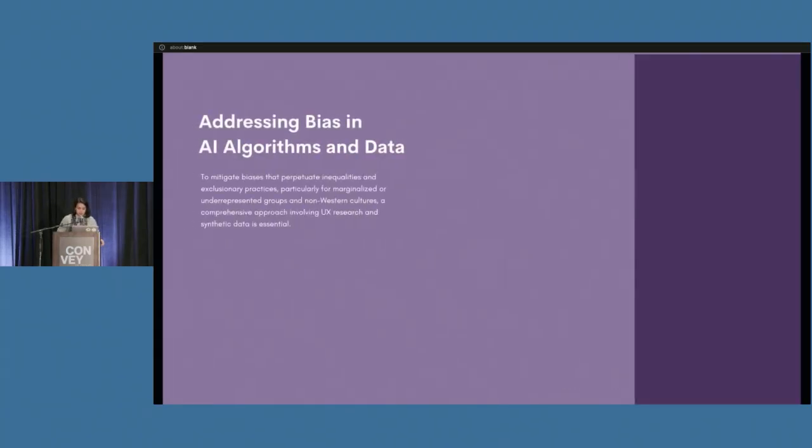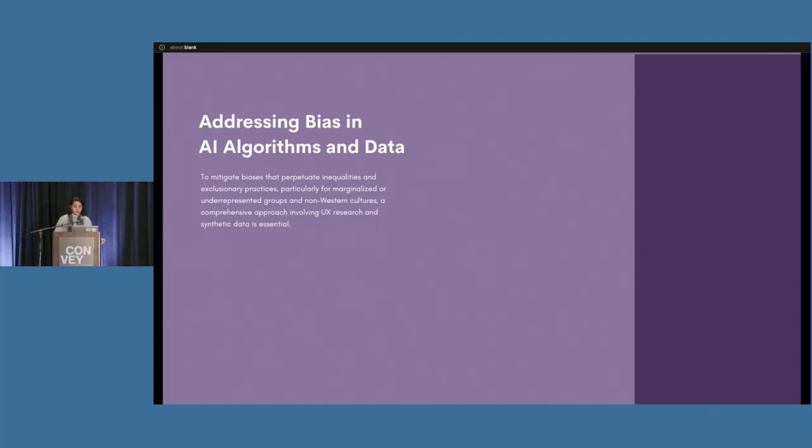So we talked about the biases, and there is a responsibility on data experts. I'm sure it's not the first time you've heard about the biases of these algorithms. But it's also very important to know what we can do as UX professionals to help mitigate the biases that lead to these consequences and impact inequality for underrepresented groups.